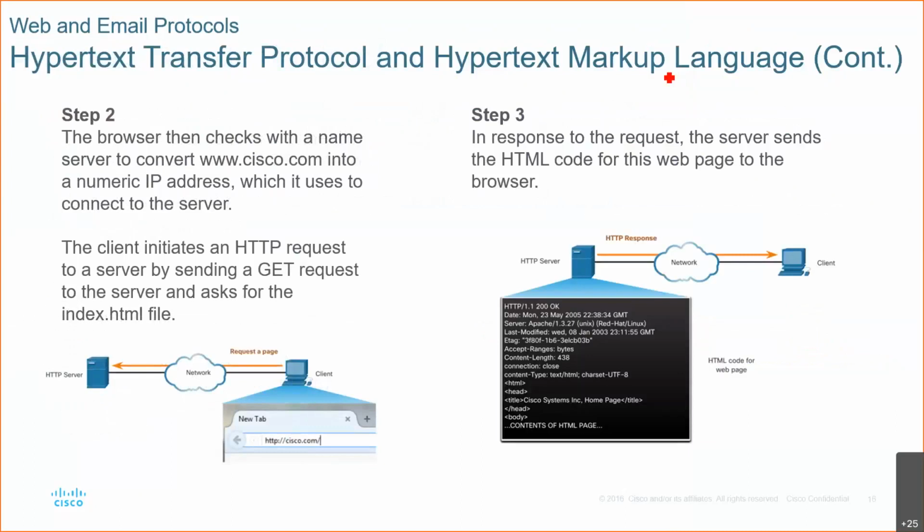Now, when you request your web page, your browser will check with a name server to convert whatever you have typed, like www.cisco.com, into an IP address. Now that IP address, your HTTP will initiate a GET request to the server asking for that index.html file.